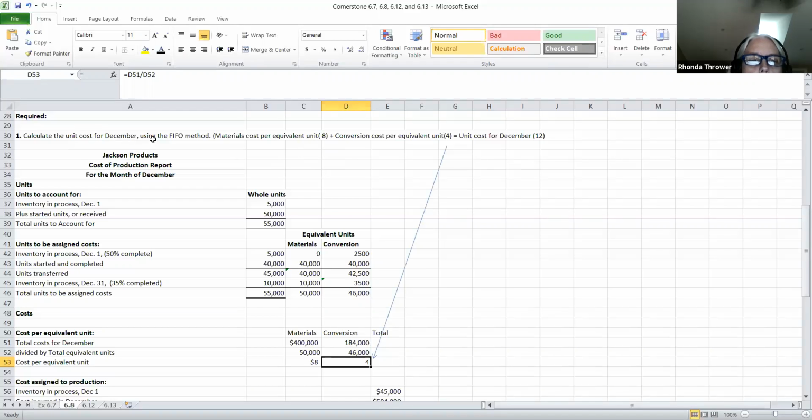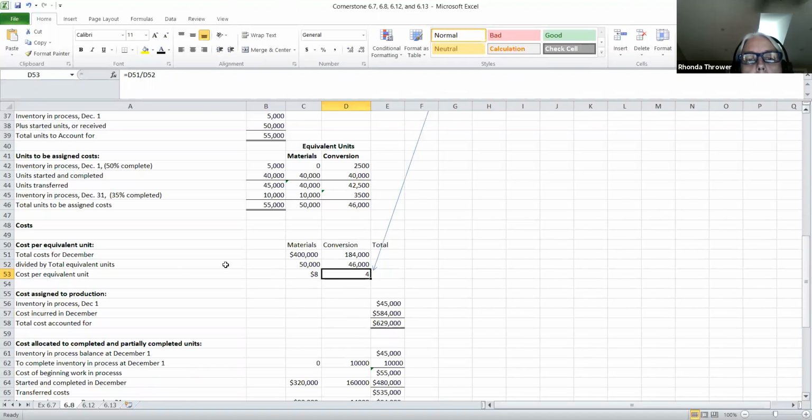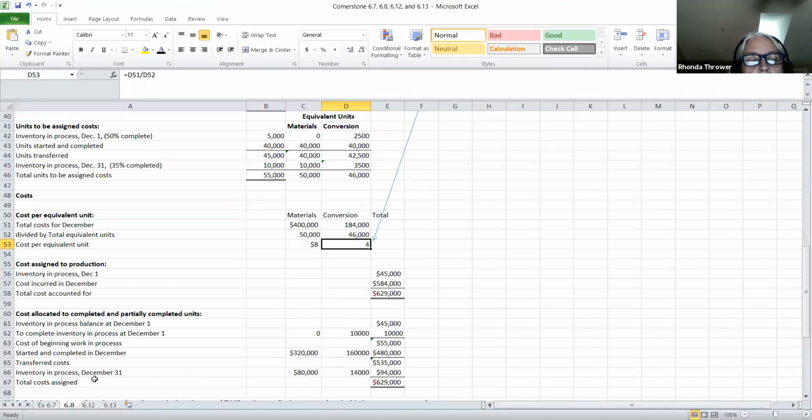So what Cengage wanted was the answer of $12, but you have to know how to figure the cost per equivalent unit for materials as well as the cost per equivalent unit for conversion before you can calculate any of the other costs that we're going to be assigning to our inventory. So the first step in figuring up the cost is to find the cost per equivalent unit. Find these two parts first.